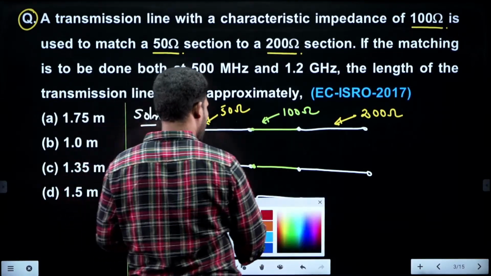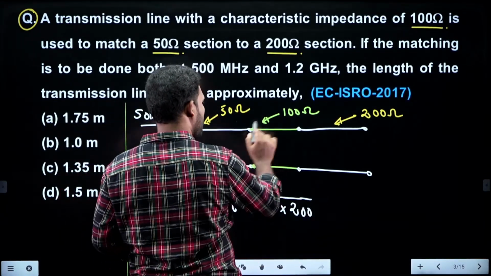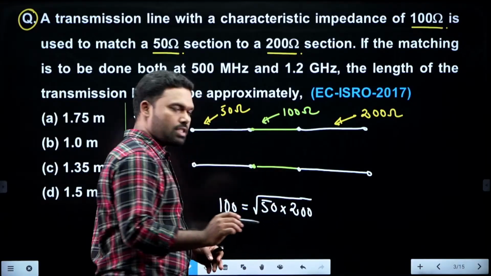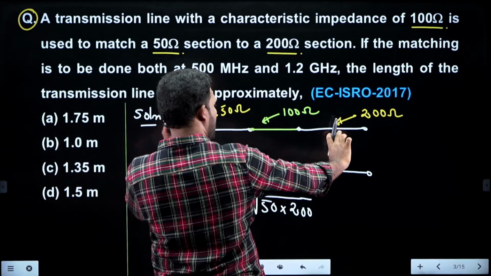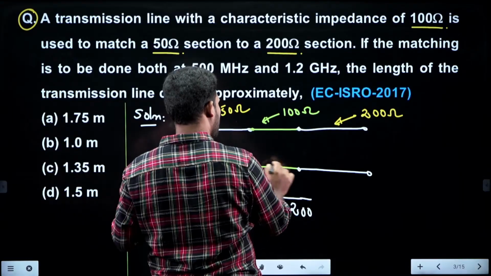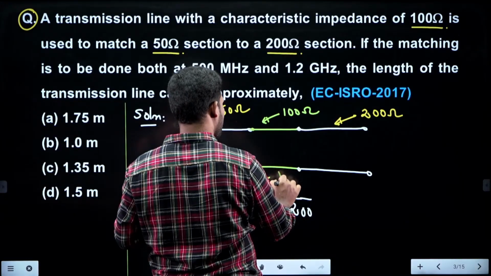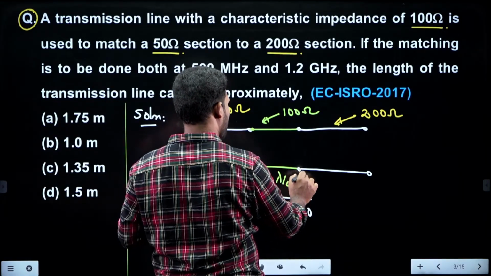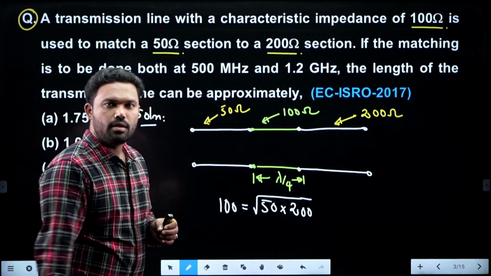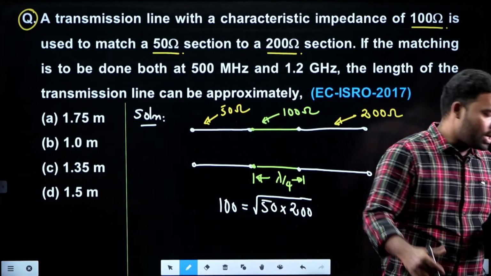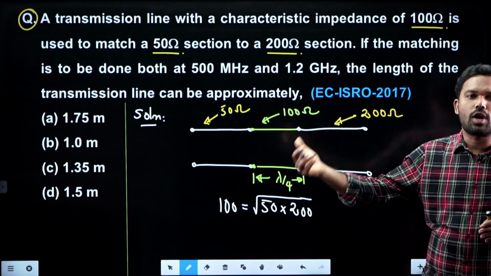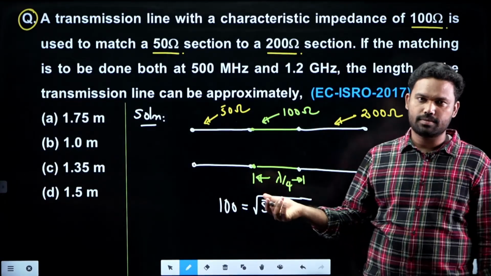So obviously the section used to match the two transmission lines, or a transmission line and a load, must be a quarter wavelength. Directly or indirectly, it is saying that whatever the section used is a quarter wavelength impedance matching transformer.